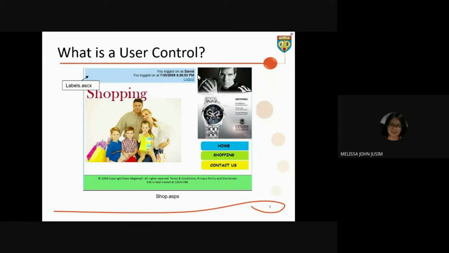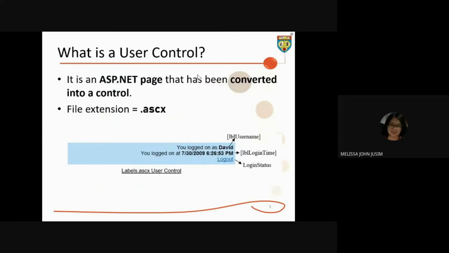Or perhaps you want to come up with your own string of message and so on. Now that you all know what a user control is, an ASCX page converted into a control, it means you create your own control rather than normally clicking one of the controls from the toolbox in Visual Studio and dragging it to your web form, right?